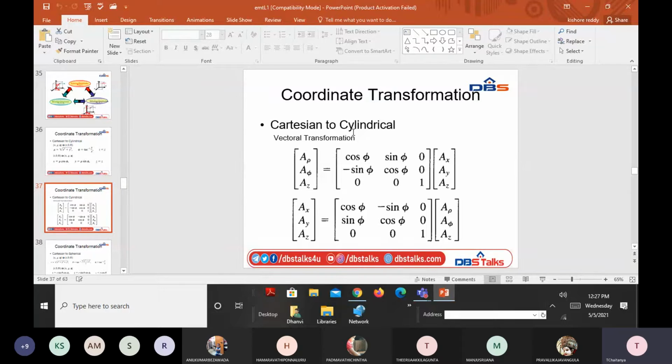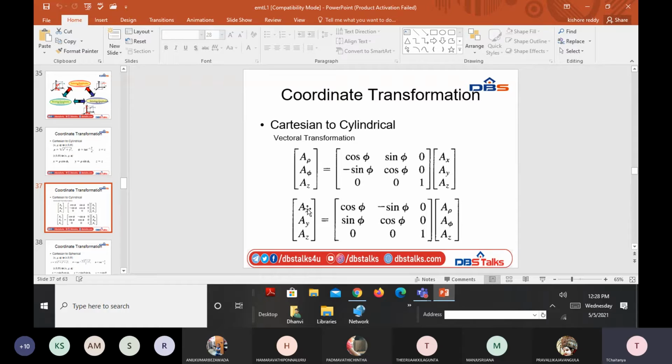So I want to know the Cartesian vector ax along the x-axis, ay along the y-axis, az along the z-axis. If you perform a multiplication between these two matrices, then you can equate the coefficients of the right side of the equation and the left side of the equation.